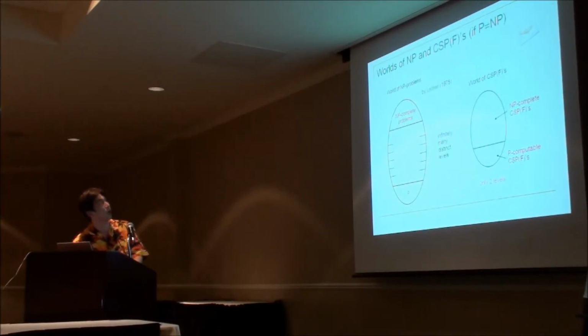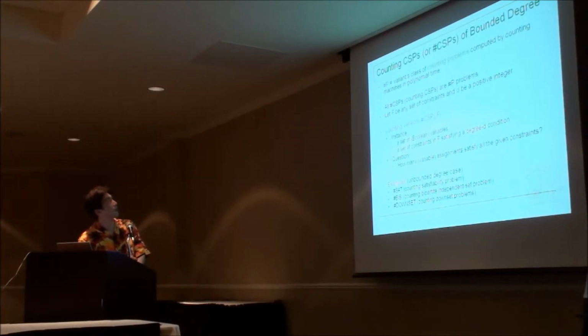This is the world of the whole NP problems. But if you look at the CSPs, the world is much smaller than this whole entire world. But the nice thing is that we only have two levels. If you look at the CSP, either it is solvable in polynomial time or it is NP-complete, nothing else.